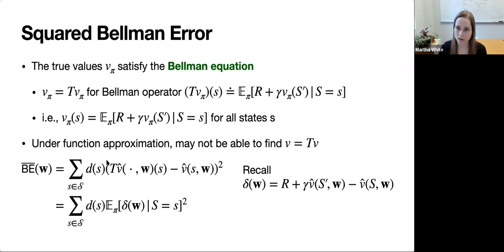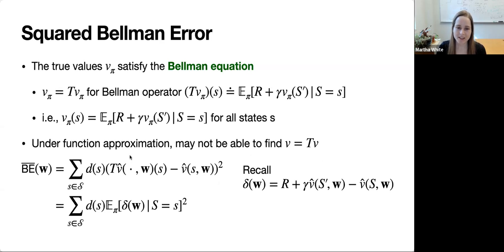Again, we're going to sum over some weighting over states, just like we had for the value error. And we'd like to make this difference small. So essentially, I want to make the difference between v and T v as small as possible. And then hopefully that's going to get me closer to v pi, because we know v pi would have a mean squared Bellman error that's equal to 0. So the smaller we can make this mean squared Bellman error, hopefully the closer we are to v pi.